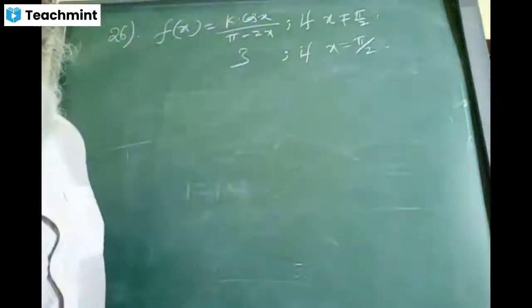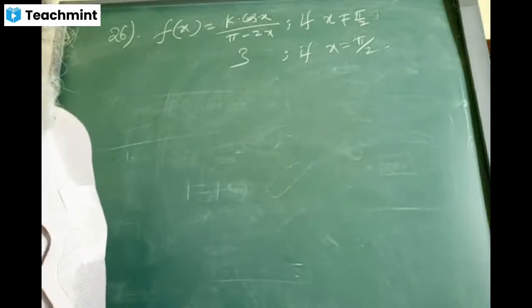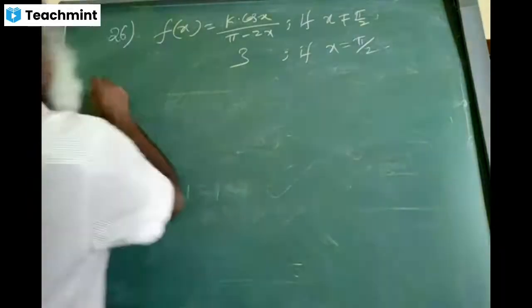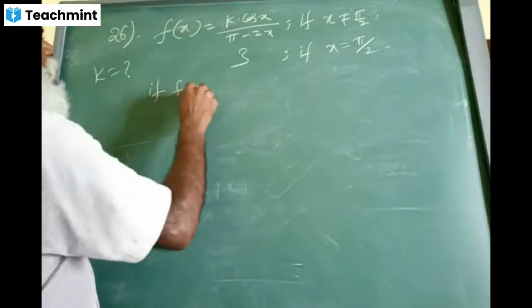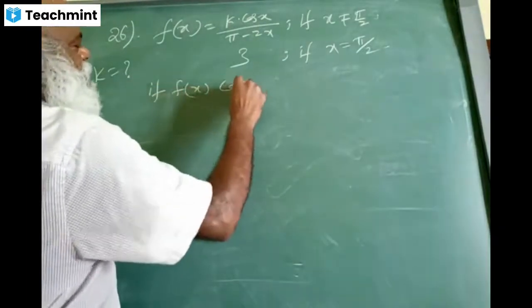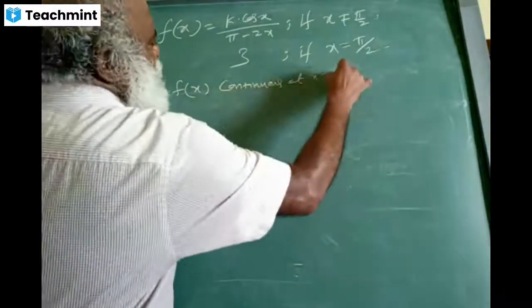Friends, discuss the continuity and find the value of k, if f of x is continuous at x equal to pi by 2.